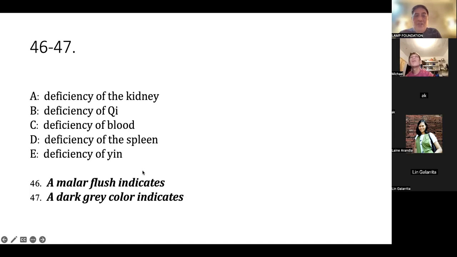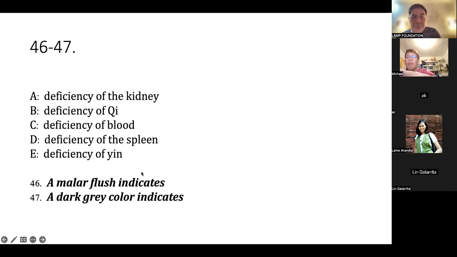Yes. Kanina. Deficiency of blood. Tapos may crack. Okay. Deficiency of blood, yan po yung ano, yung pale na tin. Pale siya. Okay. What about deficiency of the spleen? Remember color. Pagka yellow na. Yellow. Pale.